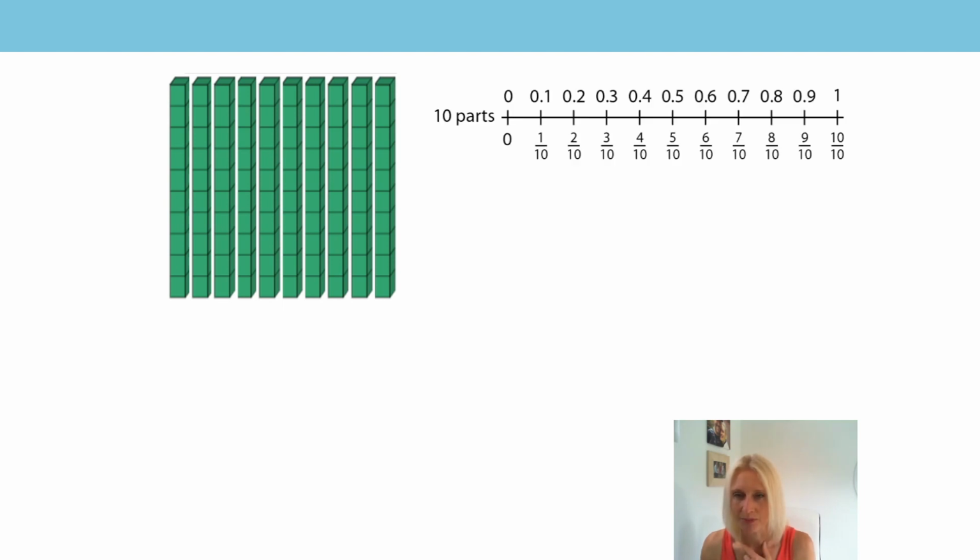What is that going to look like? Pause me now and have an imagine what that might look like. So those 10 rods split into 10 equal parts. I'm going to show the number line now, which might help you. There it is. And hopefully you imagined something like this.